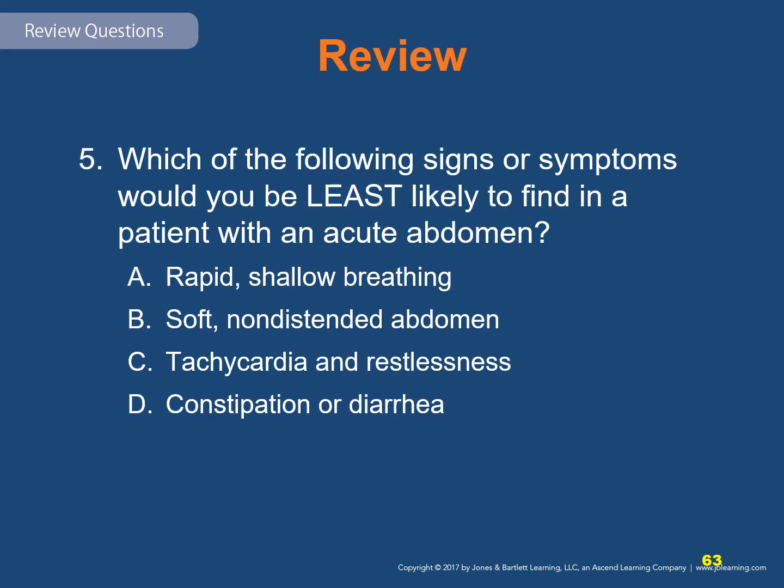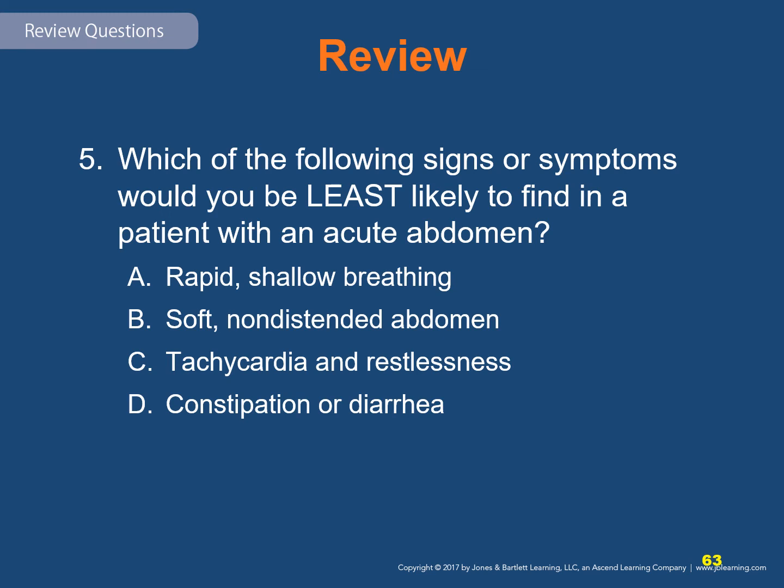Number 5, which of the following signs or symptoms would you be least likely to find in a patient with acute abdomen? A, rapid shallow breathing. B, soft non-distended abdomen. C, tachycardia and restlessness. Or D, constipation or diarrhea.